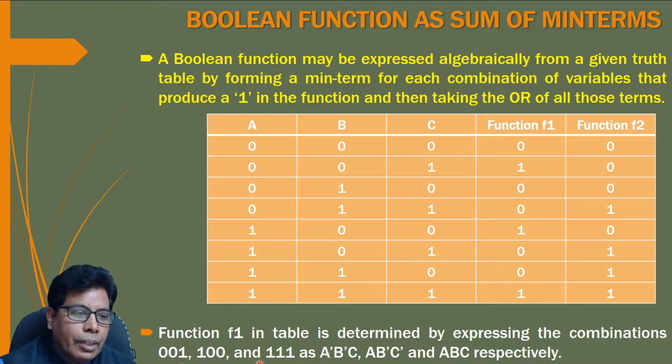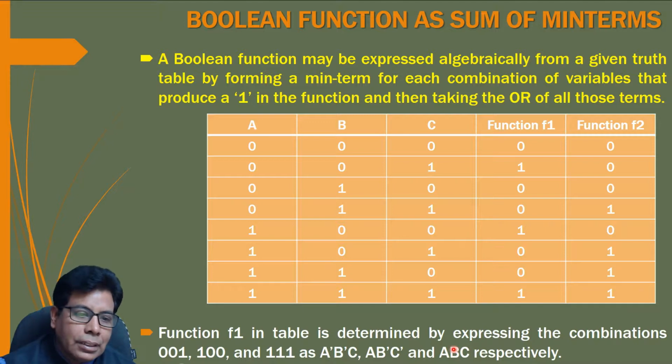When we take these combinations, we take the minterms. So the first minterm will be a dash b dash c. The second minterm will be a b dash c dash, and the third will be a b c.